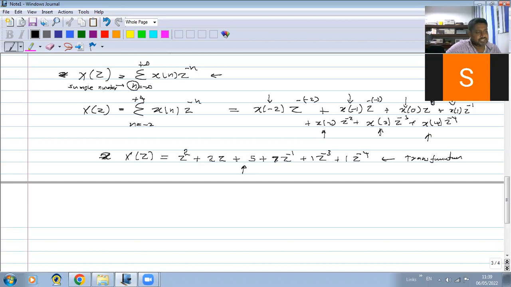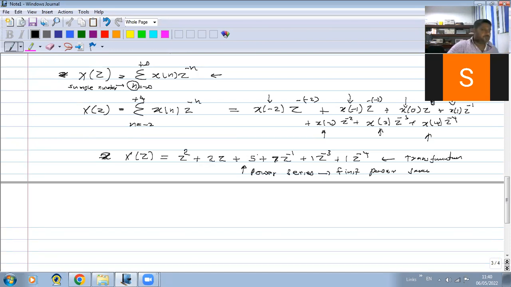The z has a power, and you have a sum of those power terms, so we call this a power series. Actually speaking, this is a finite power series. So this is the z transform.